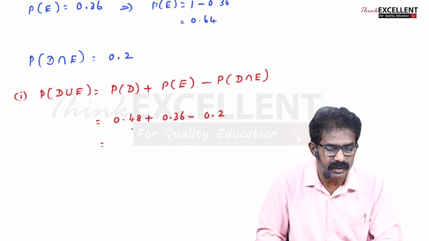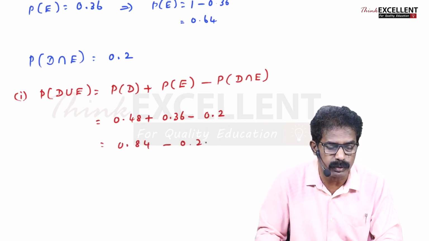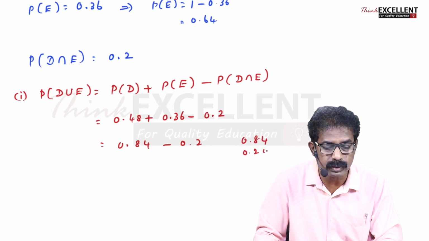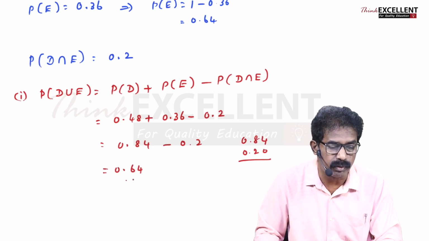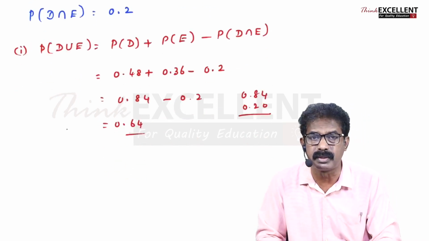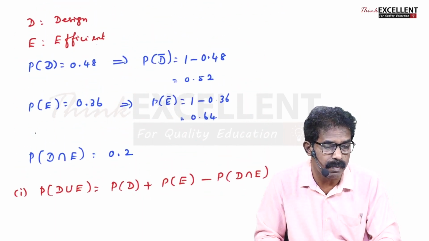When you add first and second, 0.84 minus 0.2, so 0.64. Sometimes in calculations we make mistakes. Very easy one, you should not lose any mark here.